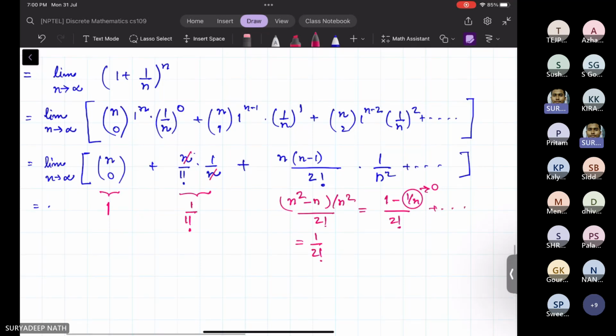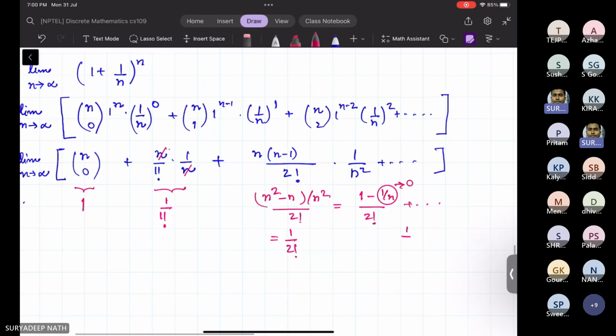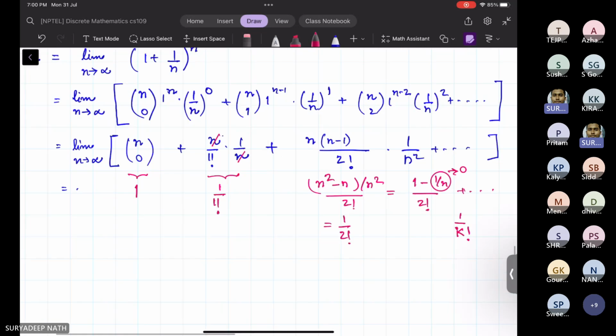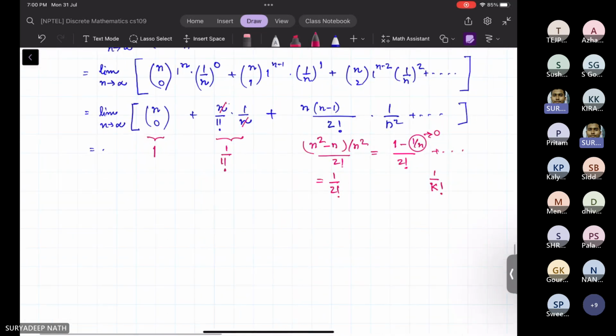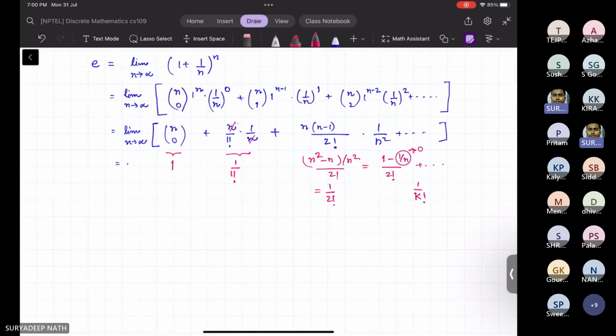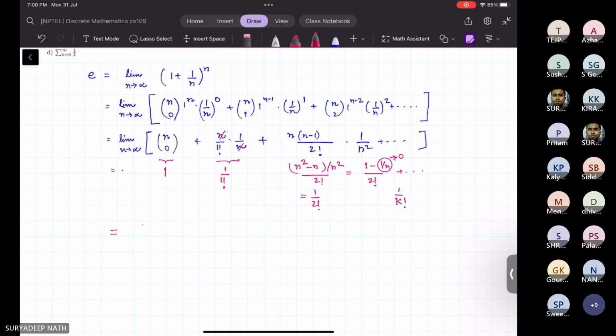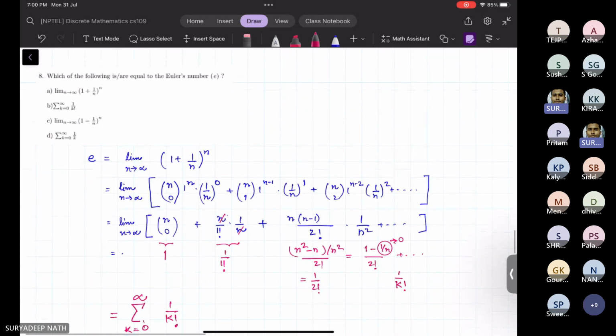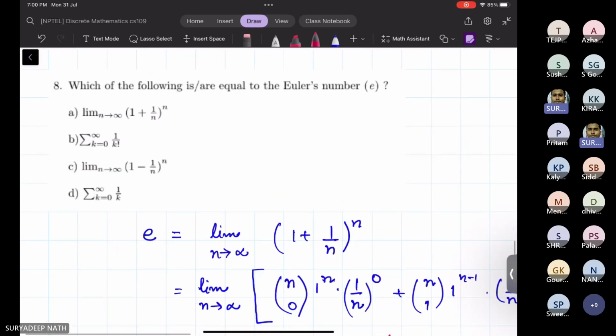Similarly, for the other terms, you can prove that for the k plus 1 term the factorial would be k factorial. So we can rewrite this as the sum of k equal to 0 to infinity of 1 by k factorial. So the first answer is the correct definition, and if we expand it, it comes out to be b as well. Both of them are right.